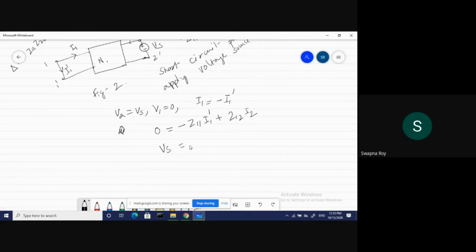V2 is equal to minus Z21 I1 dash plus Z22 I2.